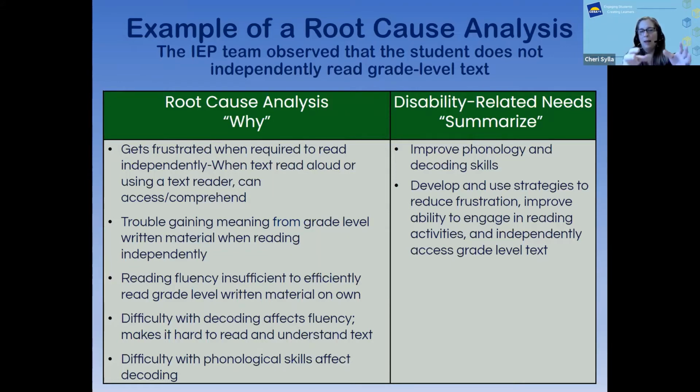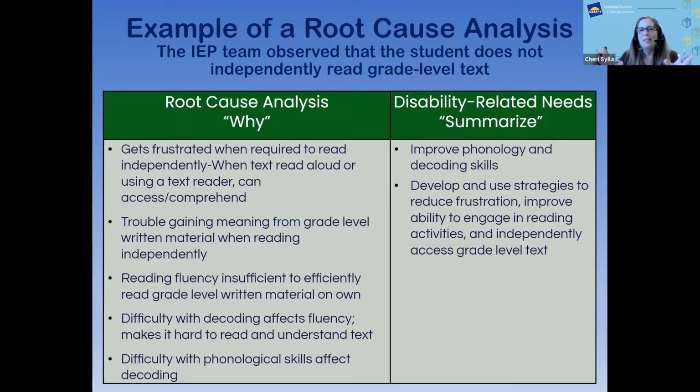So that was at the bottom there. But number 2, another disability-related need that the IEP team said, you know what, I think this is something we might want to address, is it might be helpful if we help the student develop some skills and use some strategies to reduce the frustration that he or she feels. And that way it'll improve their ability to engage in reading and activities.